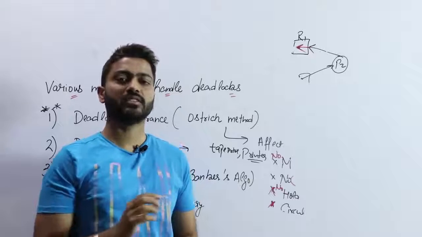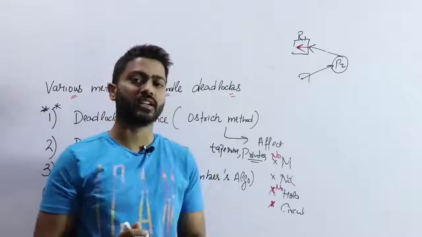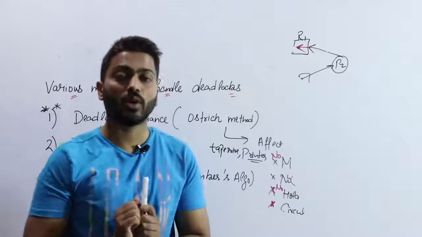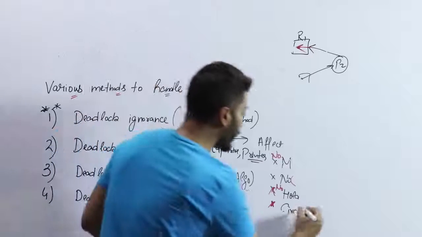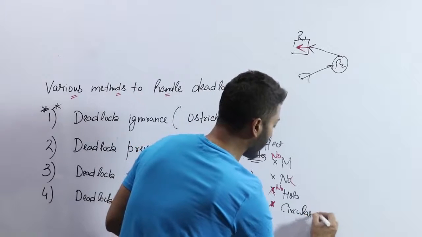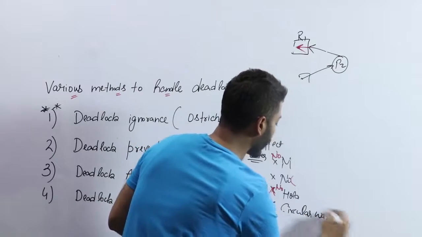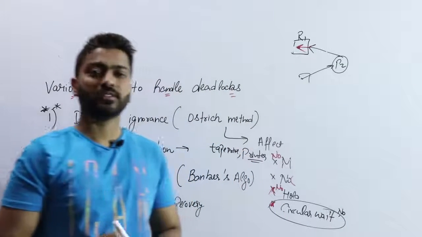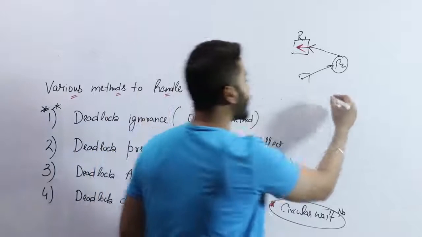So how can we remove the circular wait condition? Just give numbering, just order all the resources, if we want no circular wait in my system.